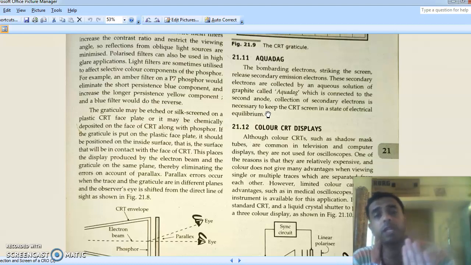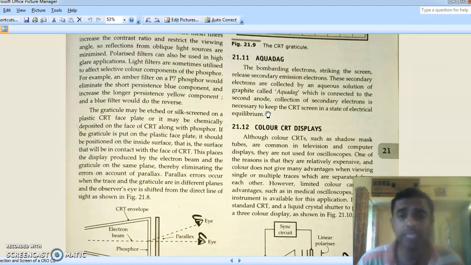The aquadac will transfer the electrons to the anode, which is plus 1500 volts. Thus it negates the formation of negative voltage, or the accumulation of electrons, on the screen.